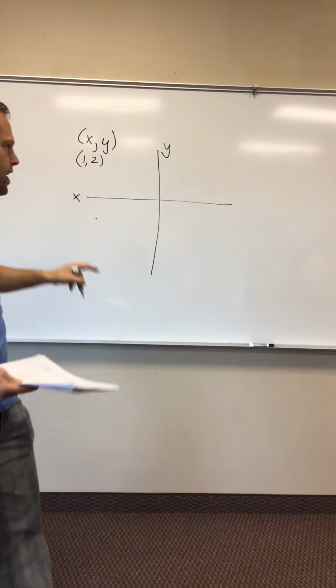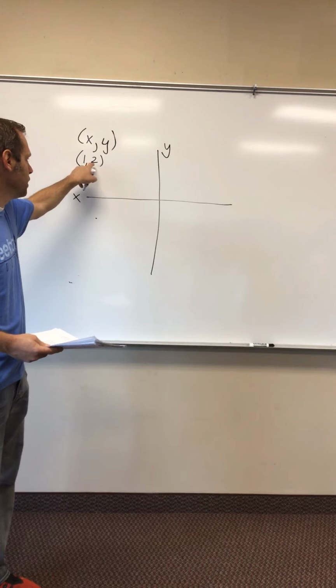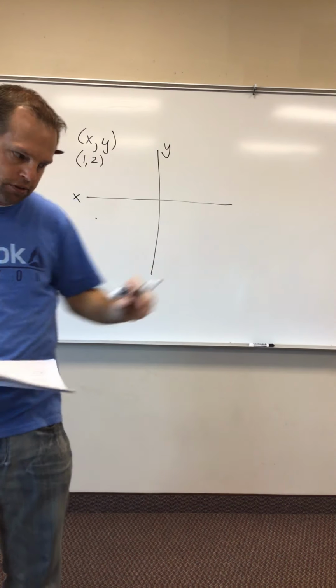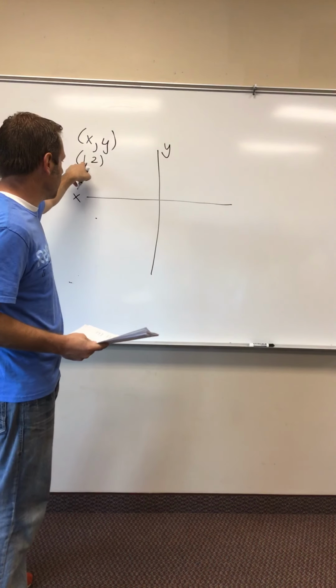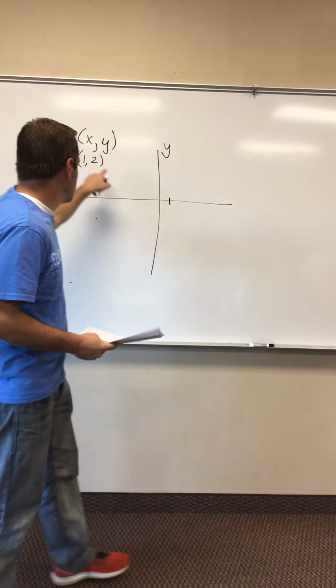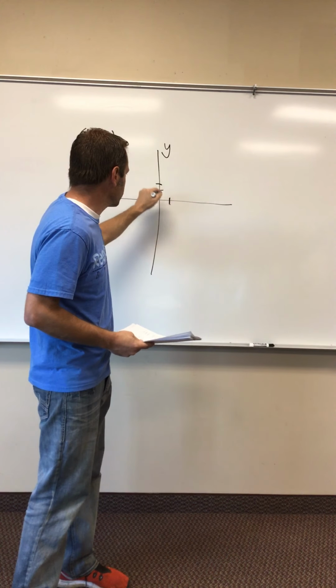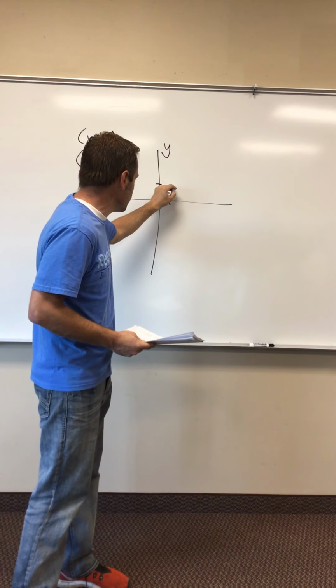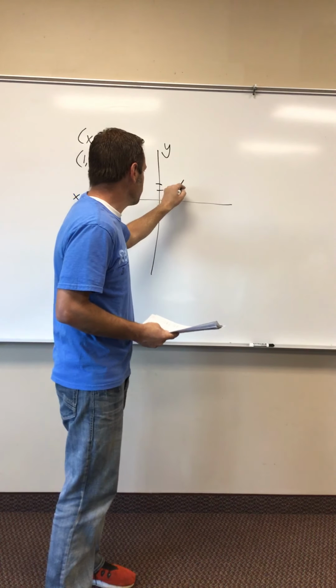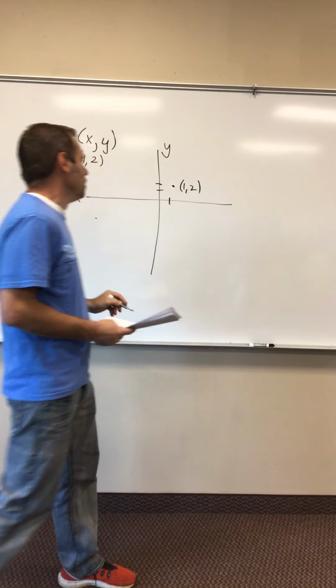That means that I have an x of 1 and a y of 2. Remember, x is horizontal. So it's positive 1, so I go over 1 on the x line, and then it's positive 2. So I go up 2 on the y line, and that's where I'm going to put my point. This is point 1, 2.